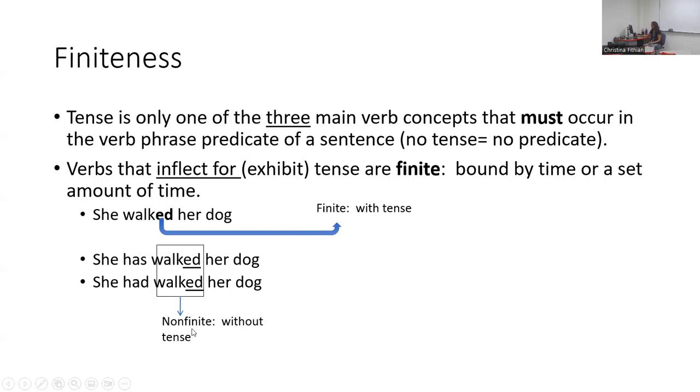It's what we call a non-finite verb. And in particular, we call this the past participle because it looks like past tense. It happens to share the same form, but this is with no tense. We have no tense on this one. So you've got finite and you've got non-finite forms of the verb. And so as we add auxiliaries, we're going to start to see a lot more non-finite forms of the verb.